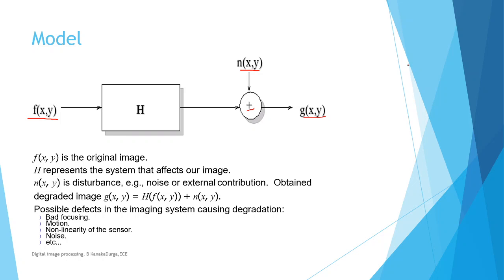But after a long time, if you observe that photograph, the color of the dress is no longer red; it goes to brown or black. The color of the dress has been changed in your photograph. This is also one type of image degradation.